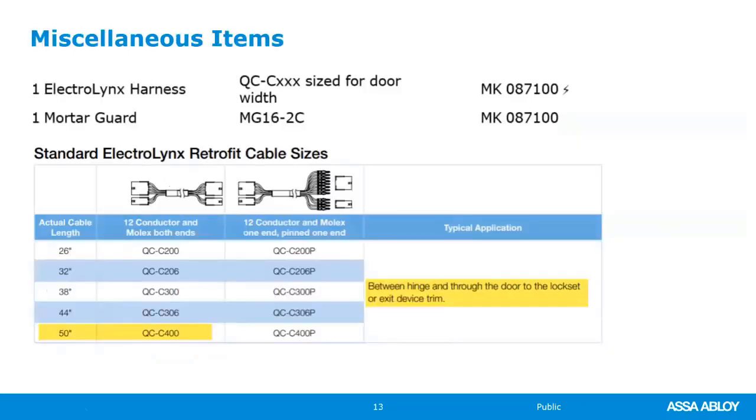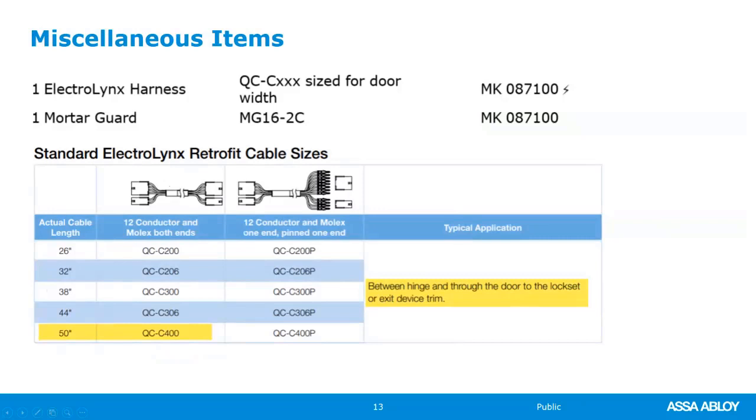Miscellaneous items always go towards the end of the hardware set. The Electrolinks harness would be sized for the door, the number of wires and width based on the size of the door. So a QC C400 if this were a 4-foot wide door, QC C300 for a 3-foot door, which is what this is. And then it's for between the hinge and the lock set or exit device trim.